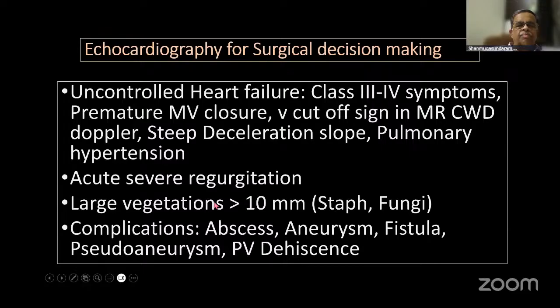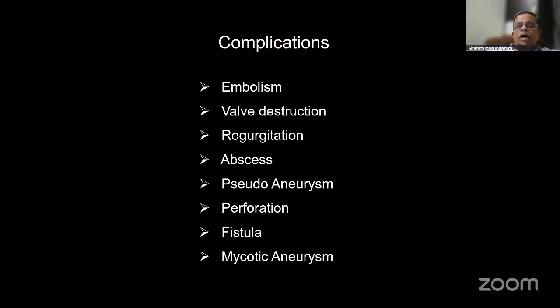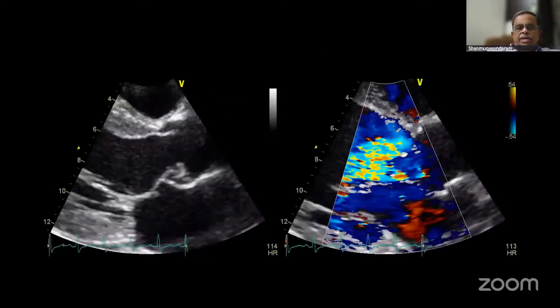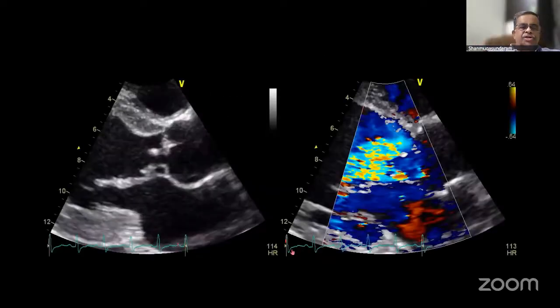Uncontrolled heart failure, acute severe aortic regurgitation, or acute severe mitral regurgitation, large vegetations, generally caused by staph and fungi, more than 10 millimeter. Whenever you demonstrate complications in the form of abscess, aneurysm, fistula, pseudoaneurysm, dehiscence of the prosthetic valve, you should consider surgical intervention.